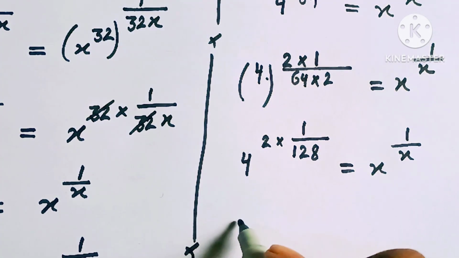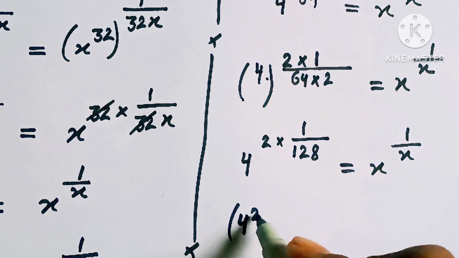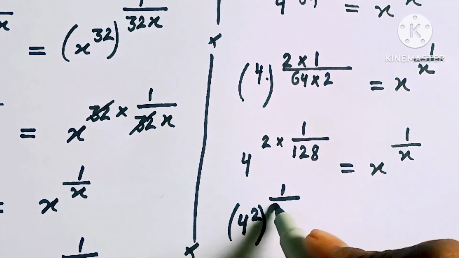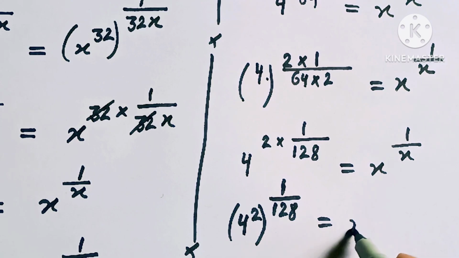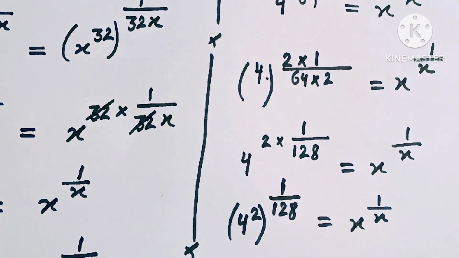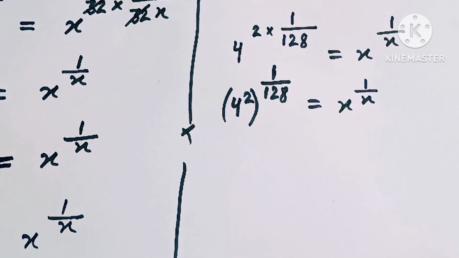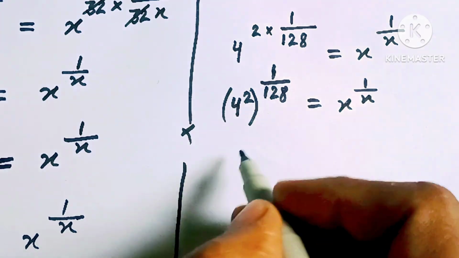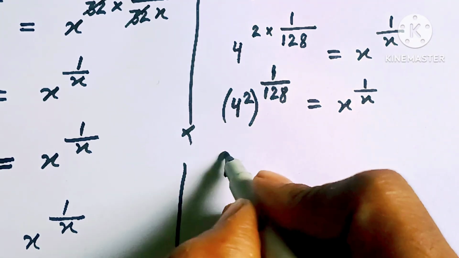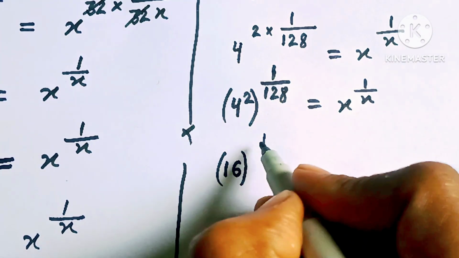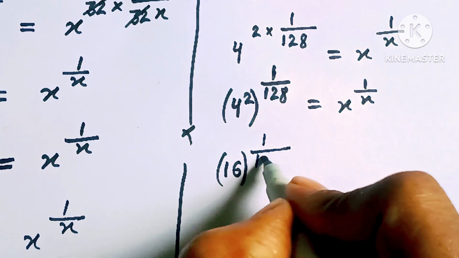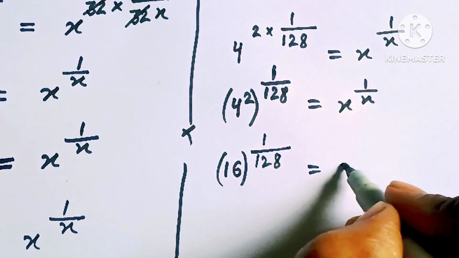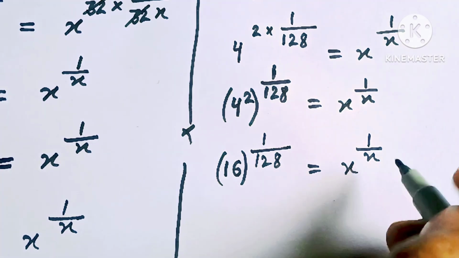So this can be written as 4 to the power 2 and the power 128, and x to the power 1 upon x. Now 4 to the power 2 is 16, and the power is 1 by 128, x to the power 1 by x.